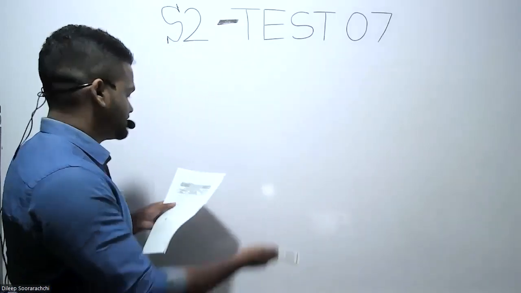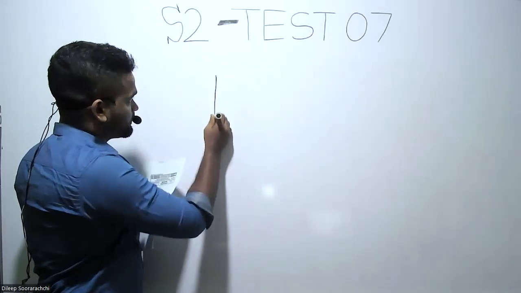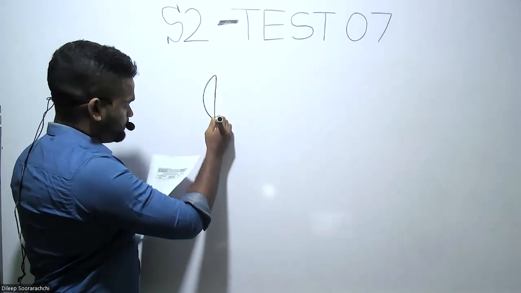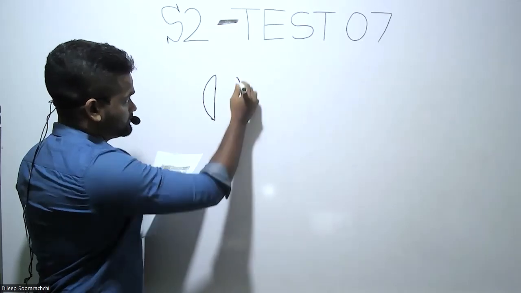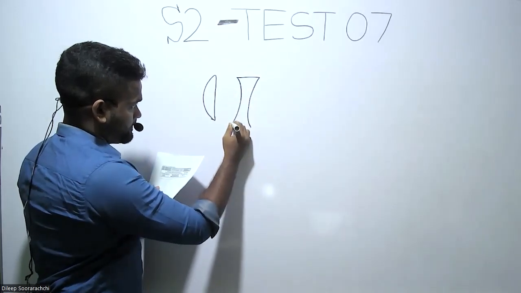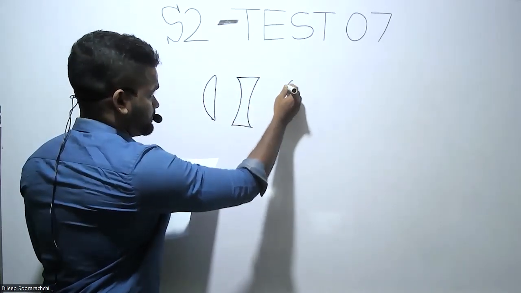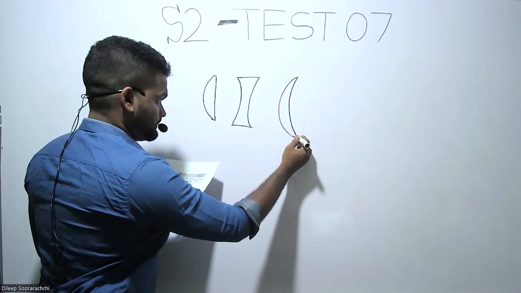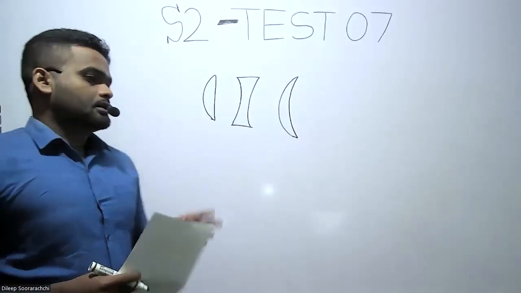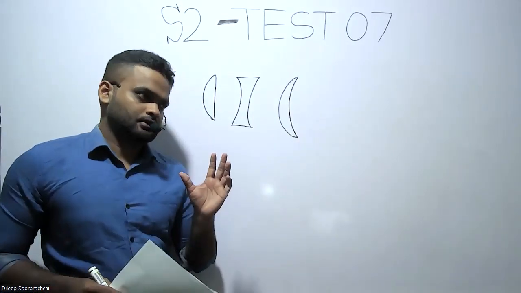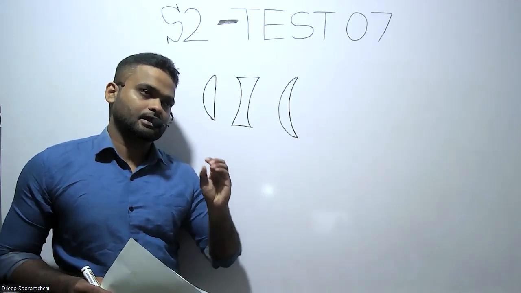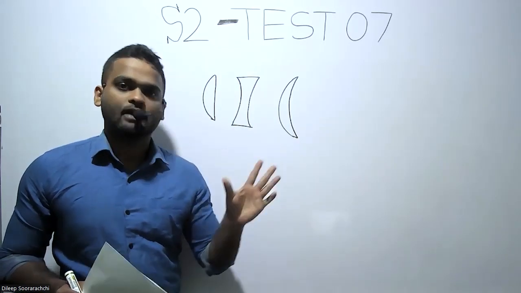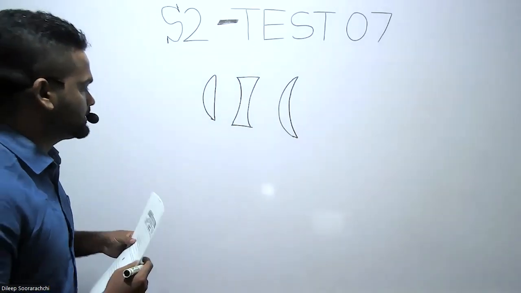So we have been given these lenses, this shape and this shape and this shape, right? The key part to identify whether a lens is a convex or a concave lens is this.